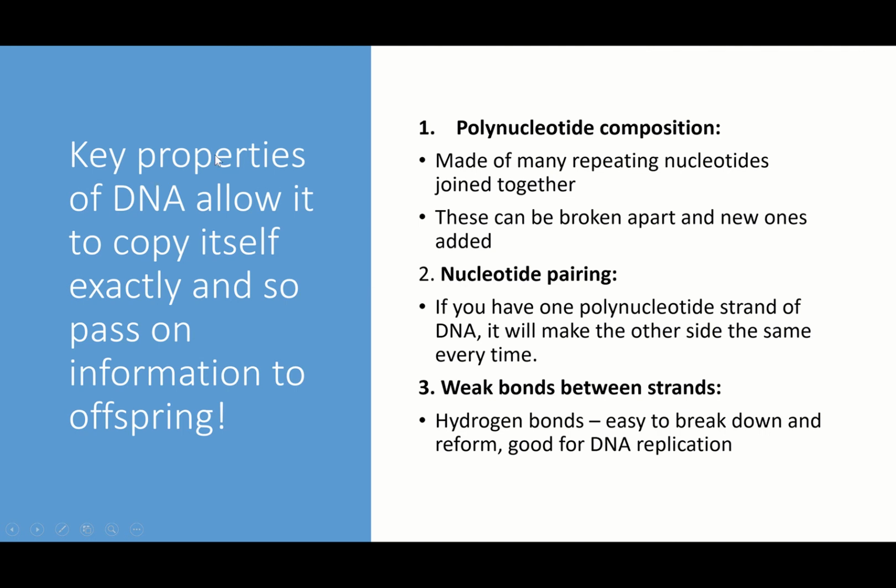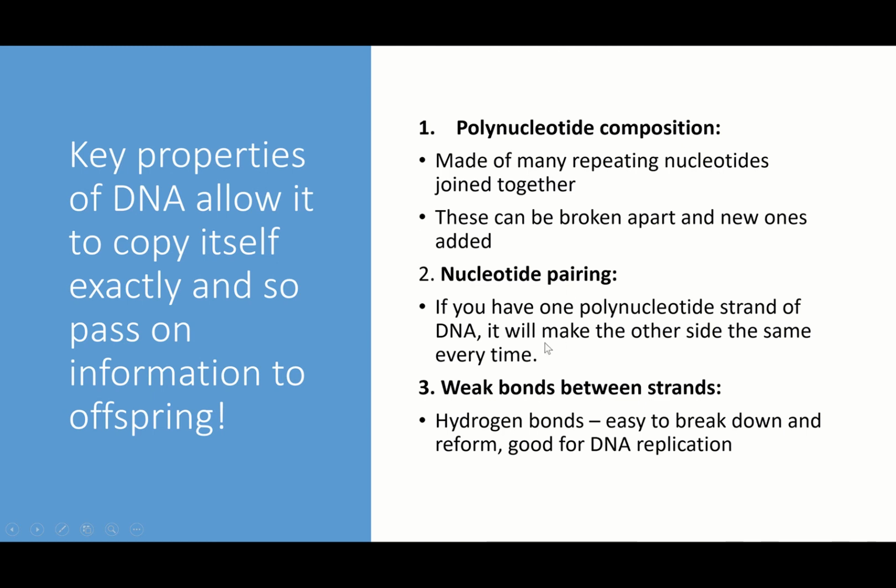And the second property of DNA that allows it to copy itself exactly and to pass on information to offspring is nucleotide pairing. If you have one polynucleotide strand of DNA, you will make the other side the same every time. This means you know how the base pairs: A always pairs with T and C always pairs with G. Likewise, if you have just one strand of DNA, if you have A, T, C, G, you know the other side will be, what did I say?